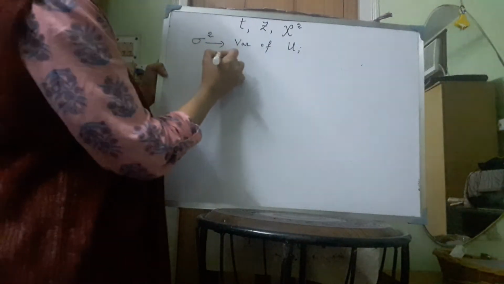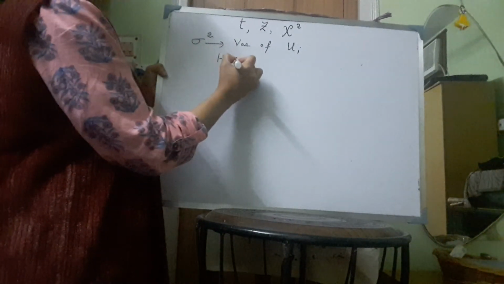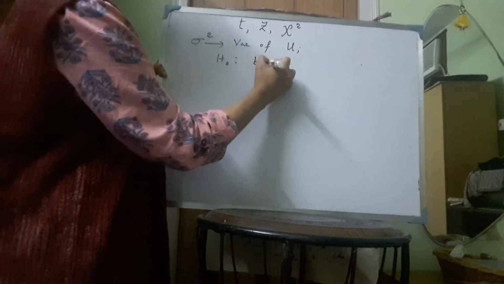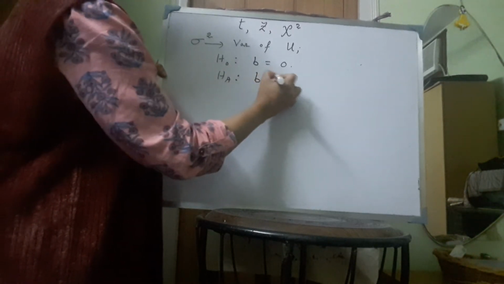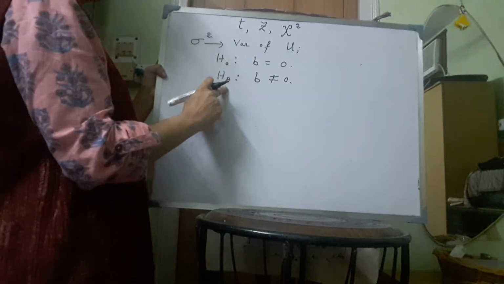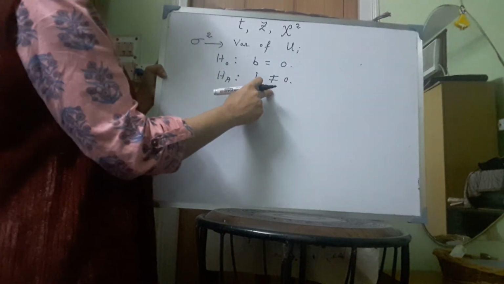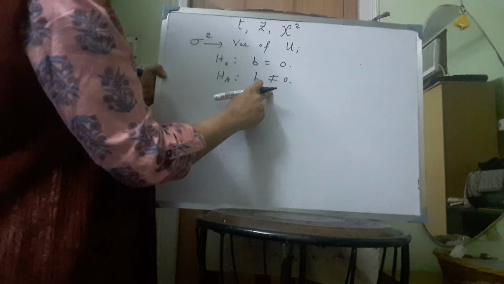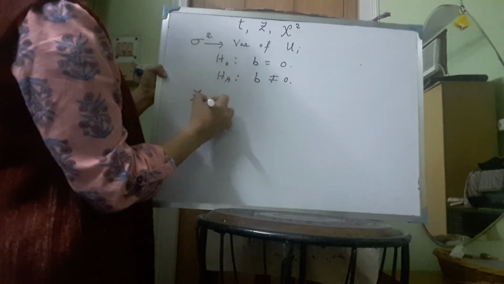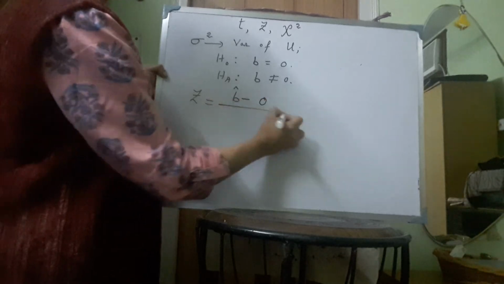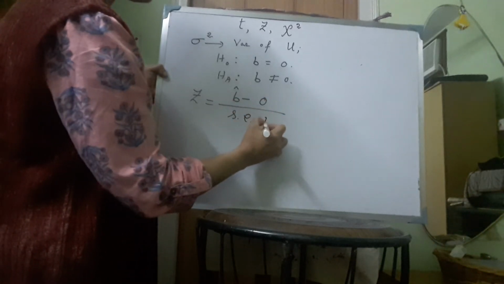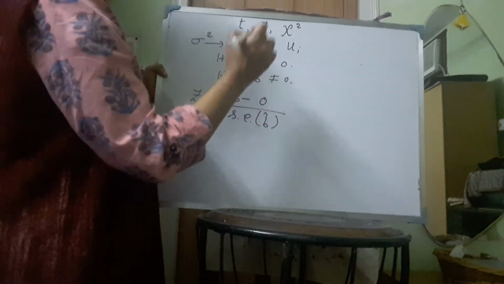Our null hypothesis, in case of the two variable regression, is that b is equal to 0, and suppose the alternative hypothesis is b not equal to 0. So that means the alternative hypothesis is two-sided and we have to do the two-tailed test. So here Z is equal to b hat minus 0 divided by standard error of b hat, because b hat is our estimated parameter.